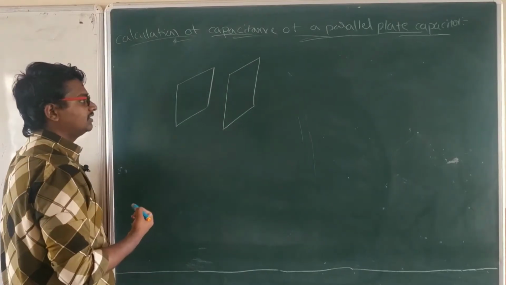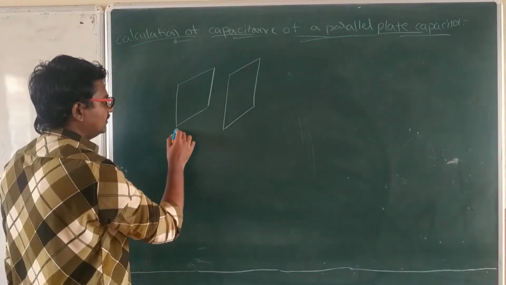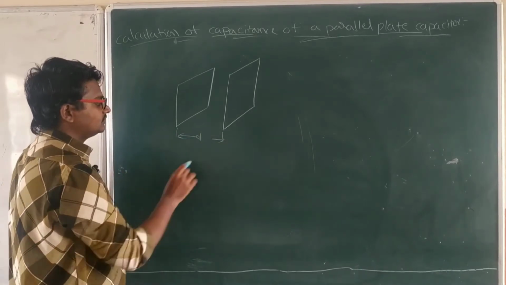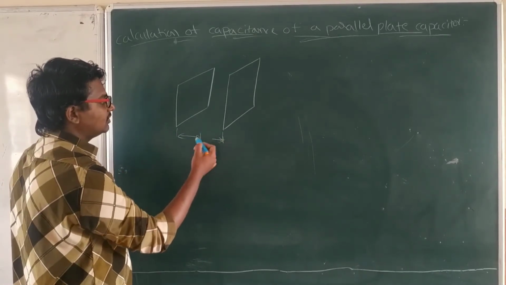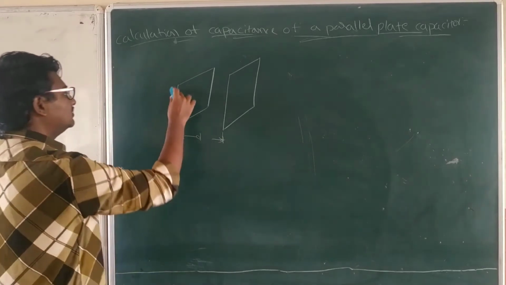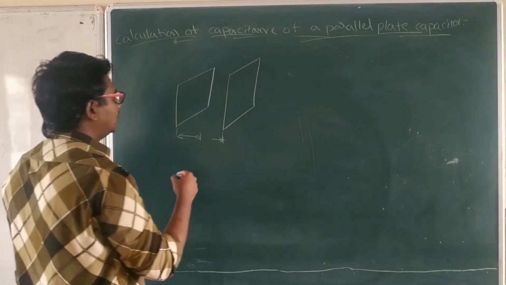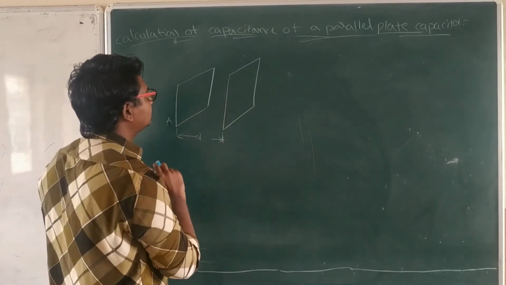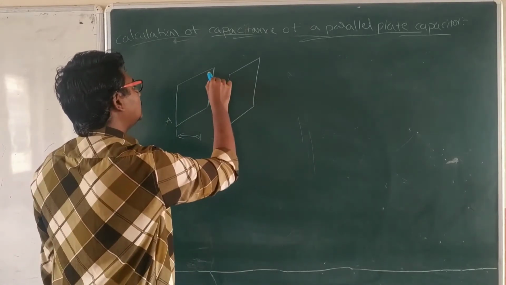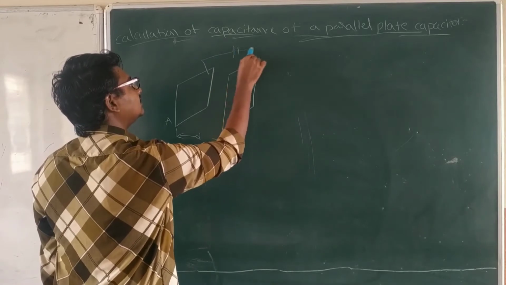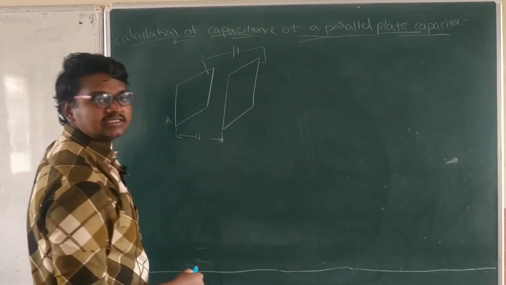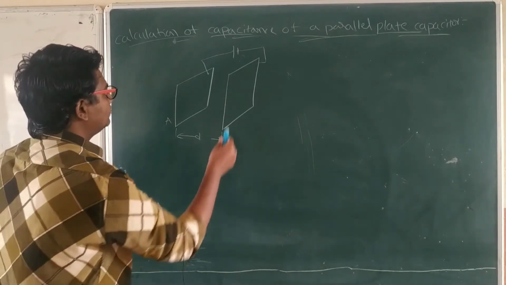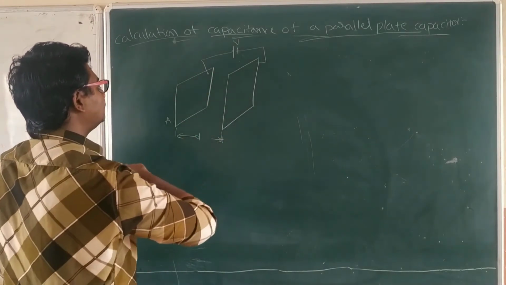Two plates of identical shape and size placed at a distance small d, where small d is comparatively smaller than the dimensions of the plate, and the area of the plate is A. Both the plates will have area A only, and they are connected by a battery. Let's consider like this: they are connected by a battery, and it is supplying a voltage V.